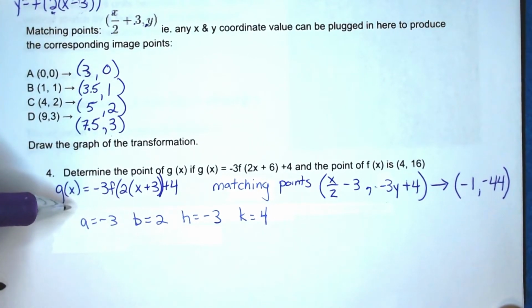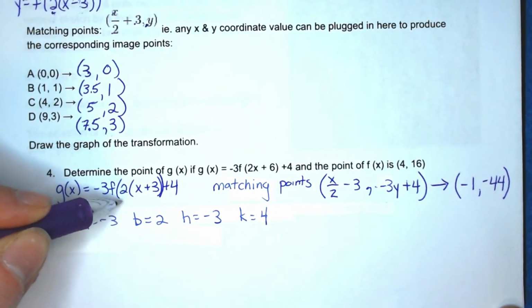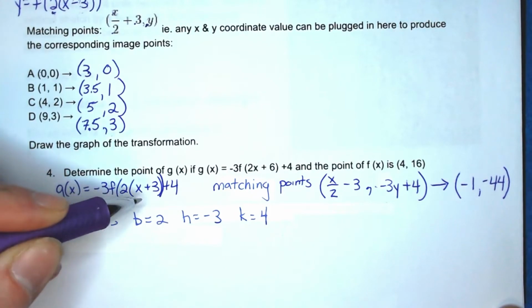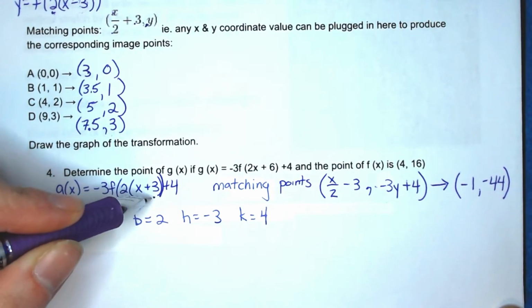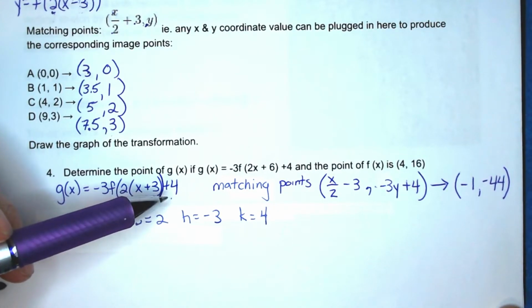So we have some terms here. Our a is equal to -3, our b is equal to 2, h is equal to -3, telling us to move left, and k is equal to +4, telling us to move up.